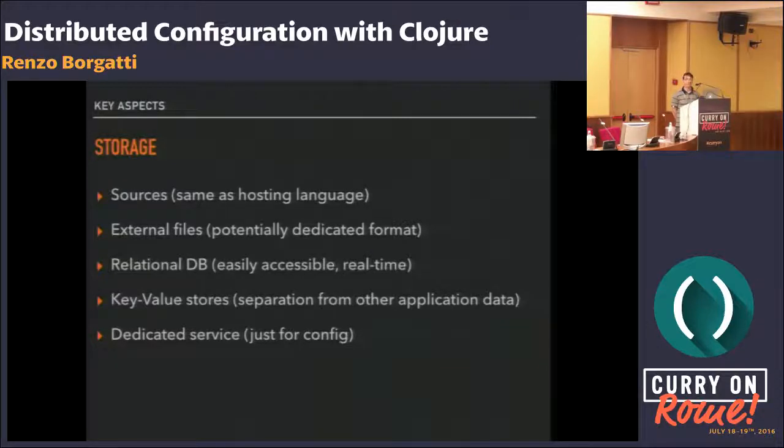You can have relational databases, so you store them in some sort of tabular form, and you can read them in real time. Key value stores are similar in concept, but they tend to be separated from the business data of the application that you tend to store in a more isolated, consistent, transactional data store like a relational database.